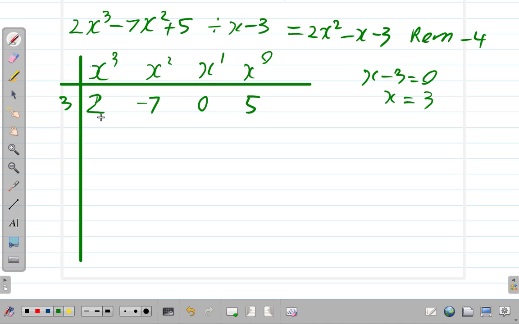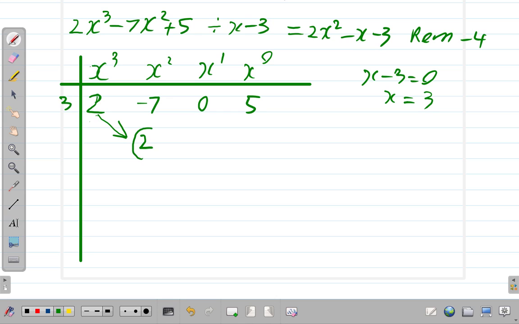What you do is bring down 2. You bring 2 under the negative 7. Let me erase this, I don't want it to look too confusing. 3 times 2 is equal to 6.